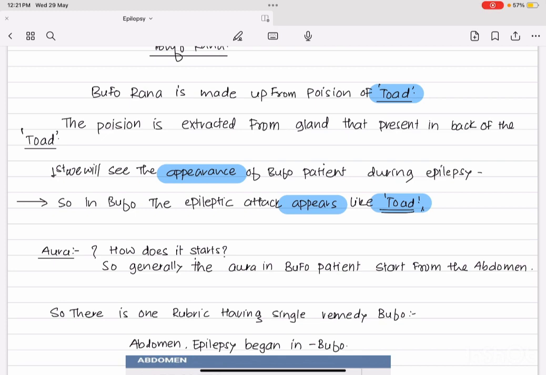His legs are bent at the knees and his ankles are extended outwardly. So these are the classical appearances of a Bufo patient in an epileptic attack. We can say that the epileptic attack of a Bufo patient looks like a toad itself.